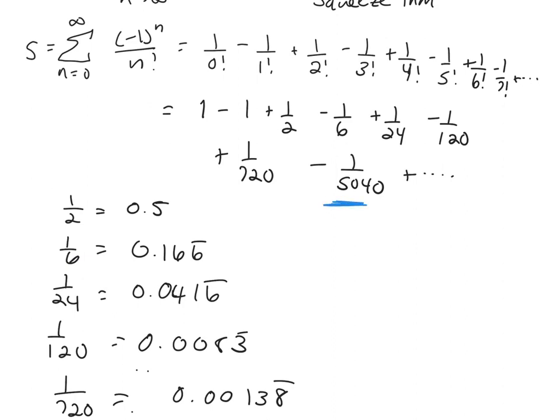So what you're going to do is add up all of these other numbers that I've underlined in red to get your estimate for your sum. Okay, so if you add up all of those in red, your estimate is going to be approximately 0.368. And that estimate for the sum is correct to 3 decimal places. So if you were able to actually find the sum, the first three numbers would be 368. Okay?